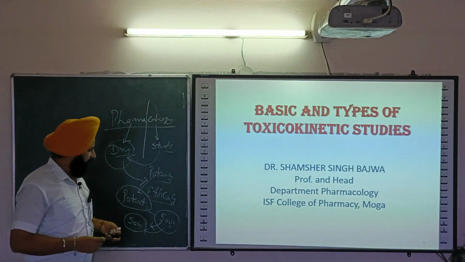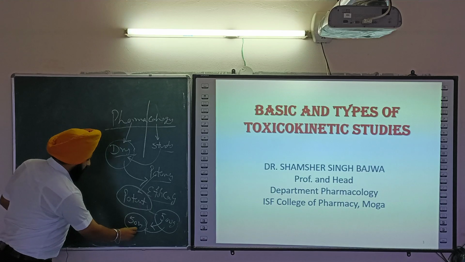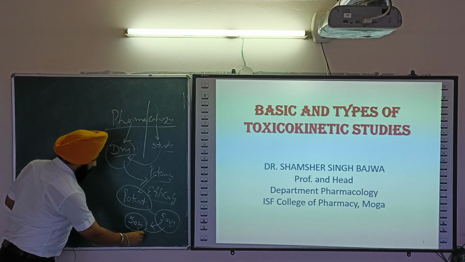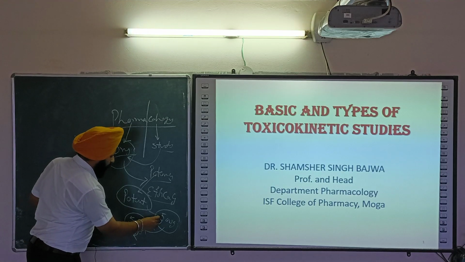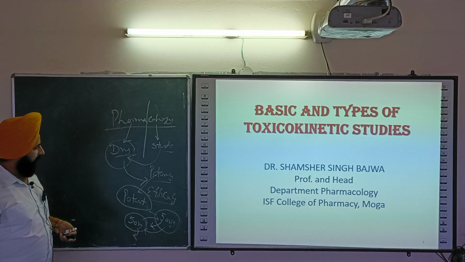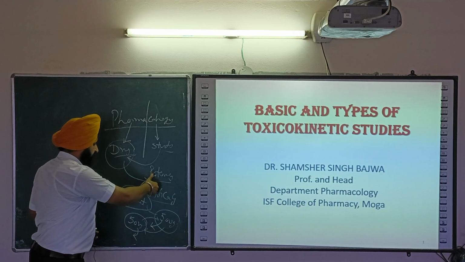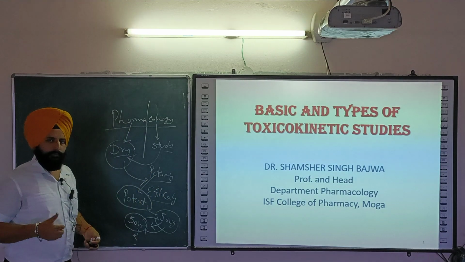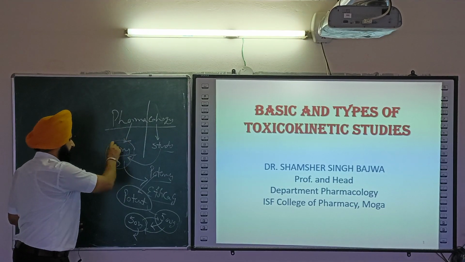If the drug is more potent, it will produce the same or a greater response as compared to the higher dose of another drug. This is called potency. So potency and efficacy are the two parameters required to become a drug.